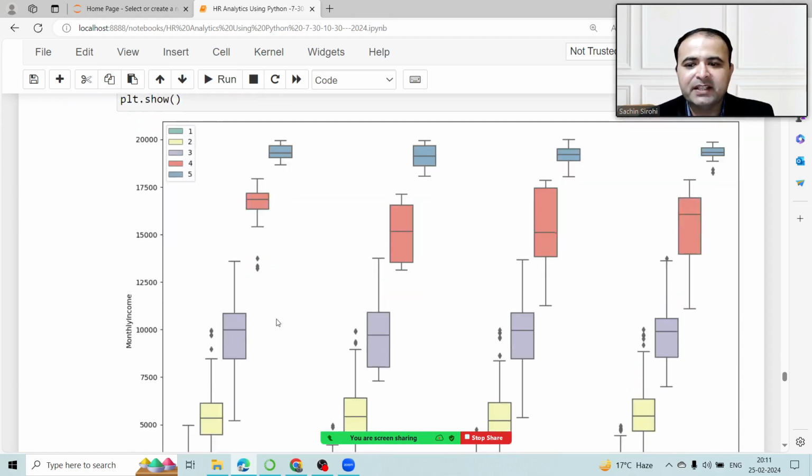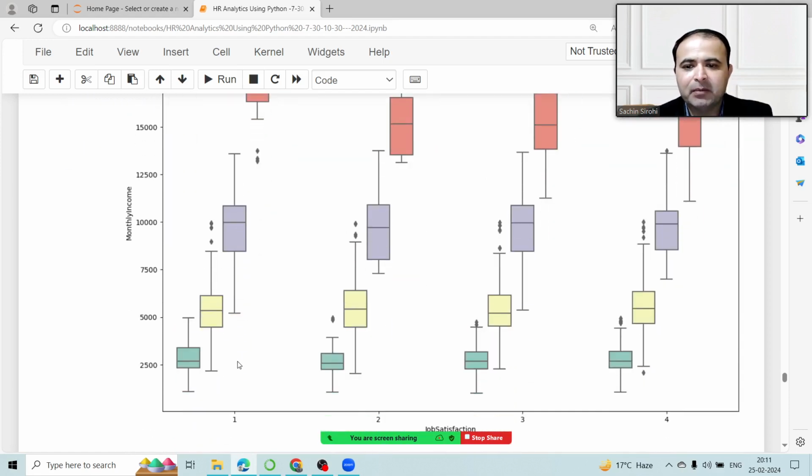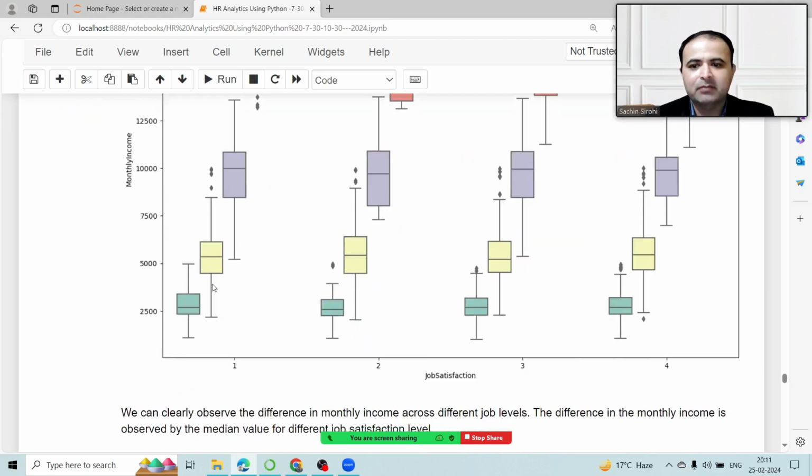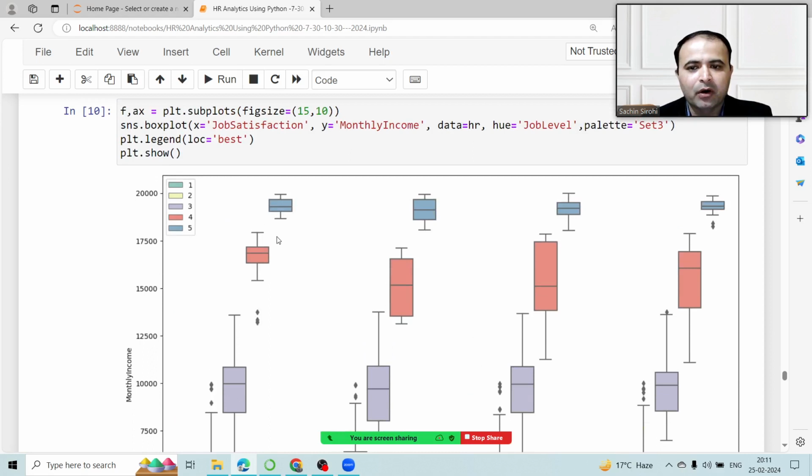So I'm asking what the monthly income is for the particular data: if someone is one, two, three, four, five. We have some data where the first value is something, the second is this, the third is this, the fourth and the fifth. So this is the monthly income.